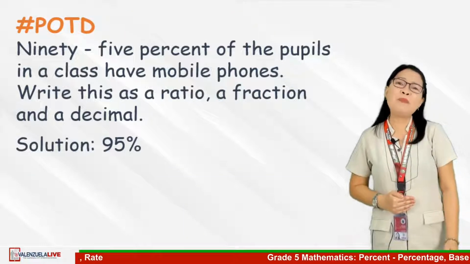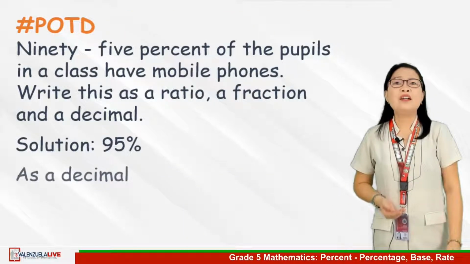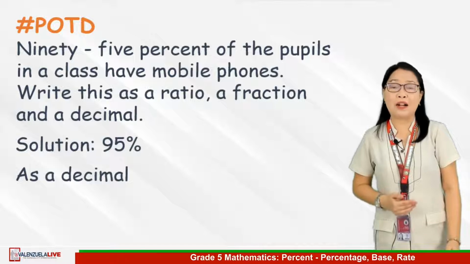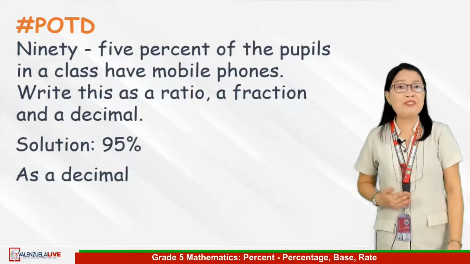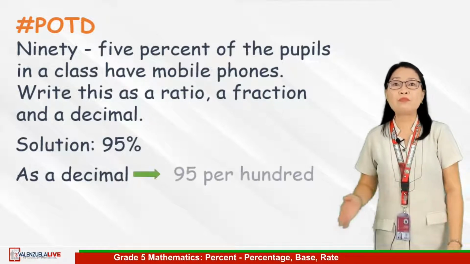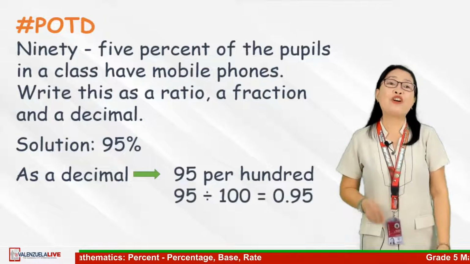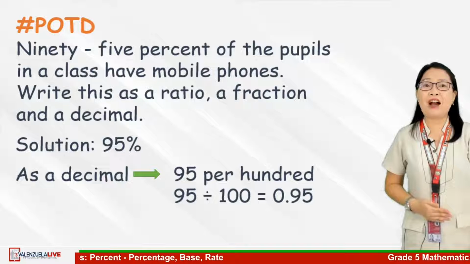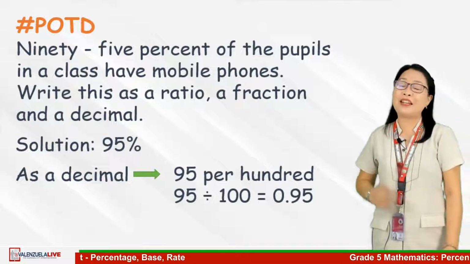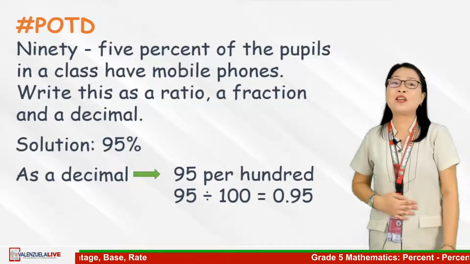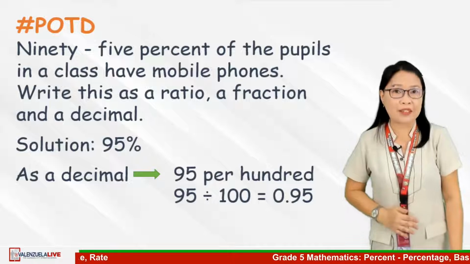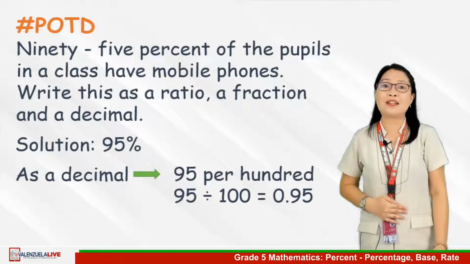Now, how about if we write it as a decimal? Do 95% as a decimal. So, 95 per 100. We're going to divide 95 by 100. That's how we change percent to a decimal.